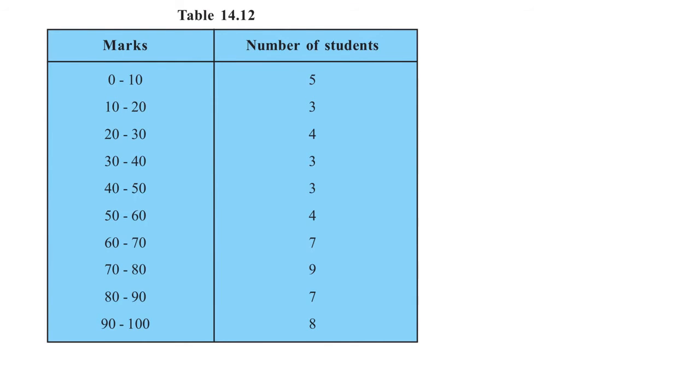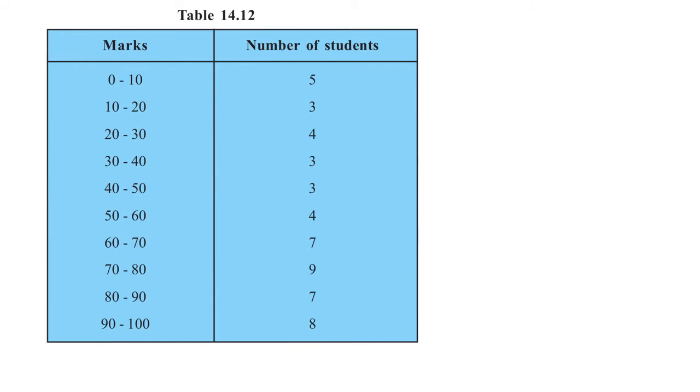So the total number of students with marks less than 20 is 5 plus 3, and that's going to be 8. We say that the cumulative frequency of the class 10 to 20 is 8.